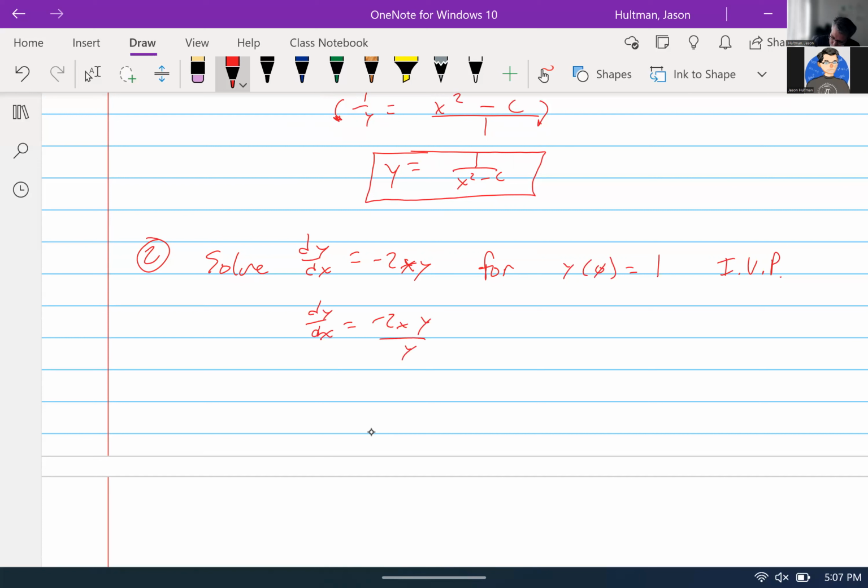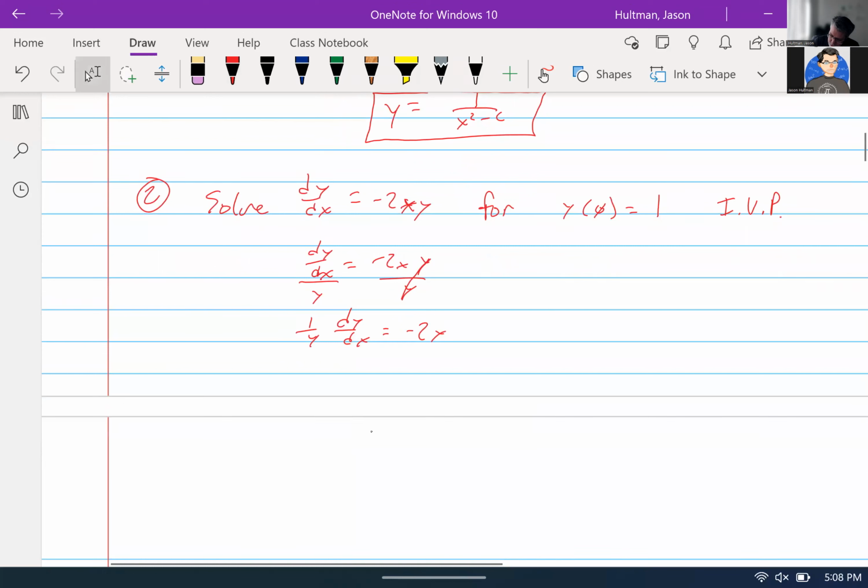Divide by the y. We're going to get 1 over y dy dx is equal to negative 2x. Multiply it through by the dx. And we get 1 over y dy is equal to negative 2x dx.